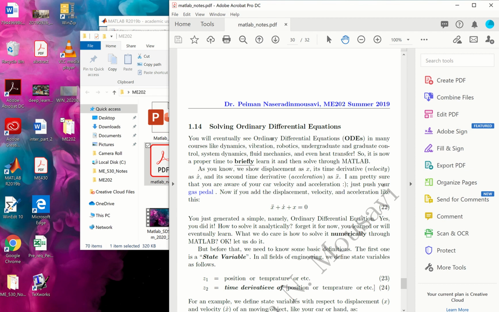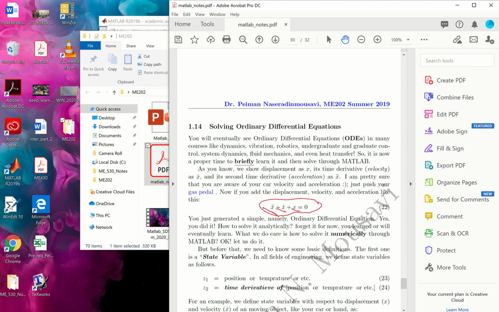Now if you add the displacement, velocity, and acceleration mathematically, acceleration plus velocity plus displacement is equal to 0. You just generated a simple ordinary differential equation. In abbreviation we say ODE.